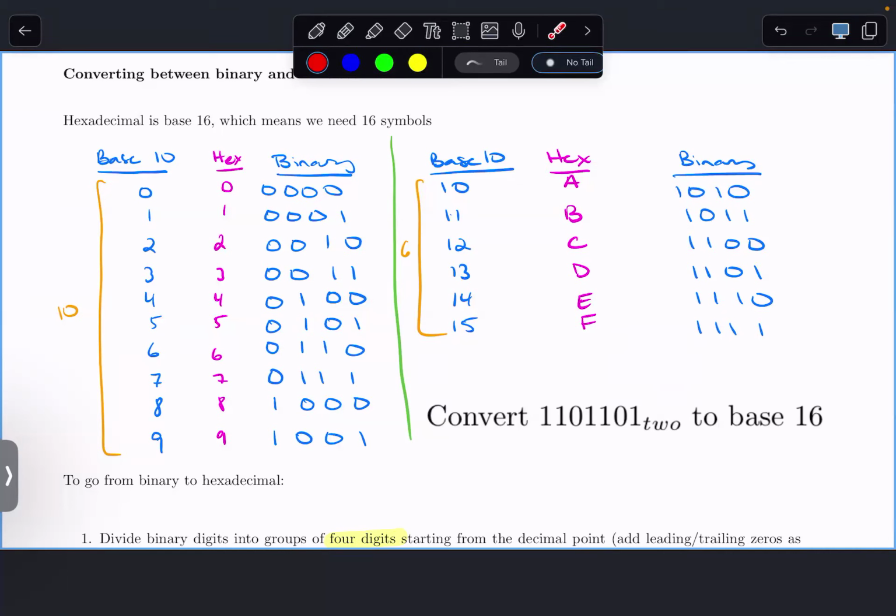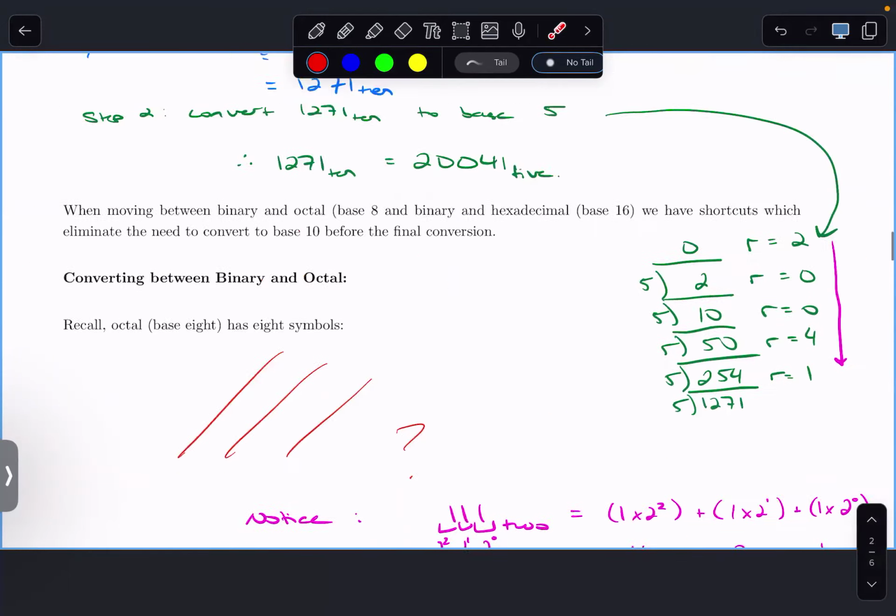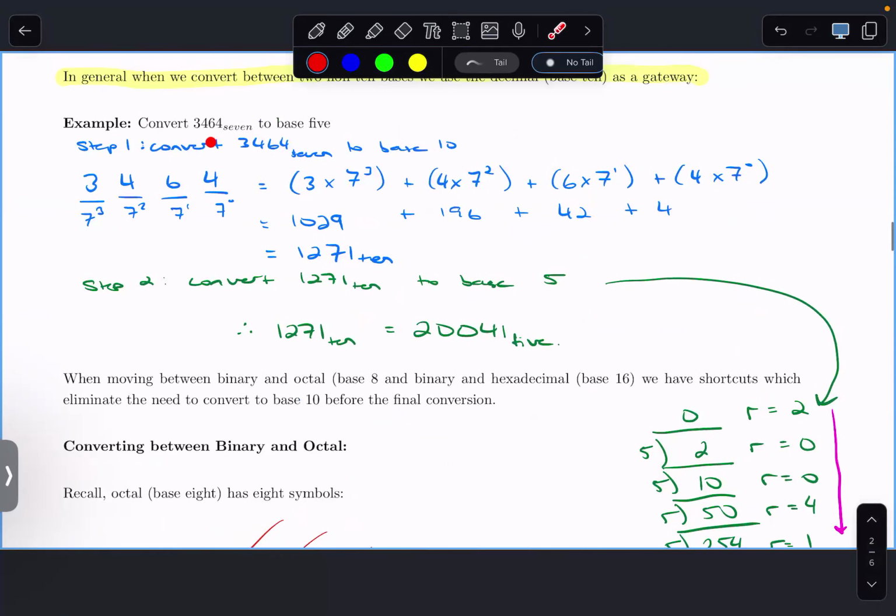You're allowed to use your calculator. What would a good question be? A good question might be this one. I'd say this is kind of a hard question, right? Because there's no shortcuts, there's no calculator buttons for it, right?